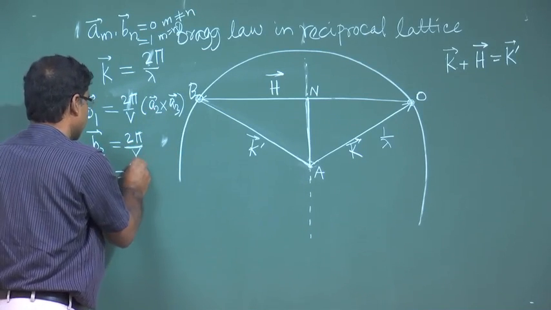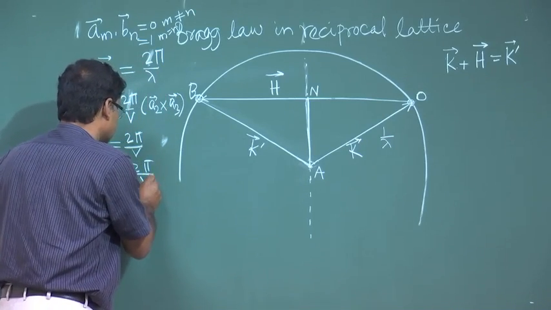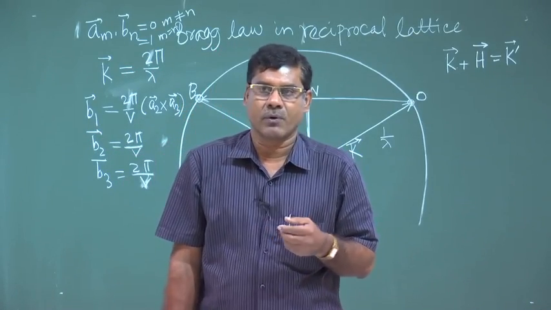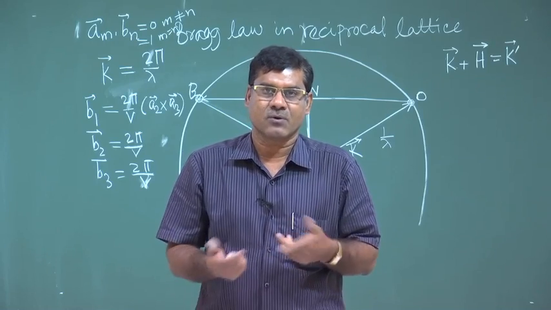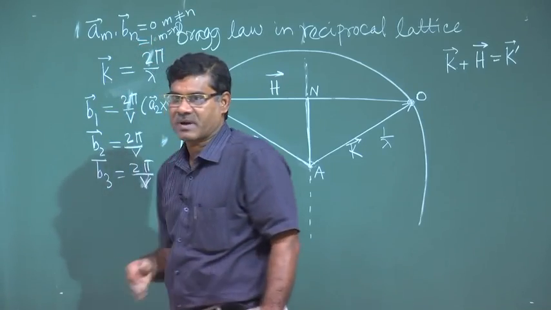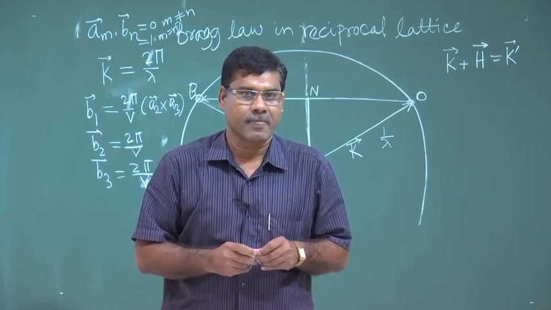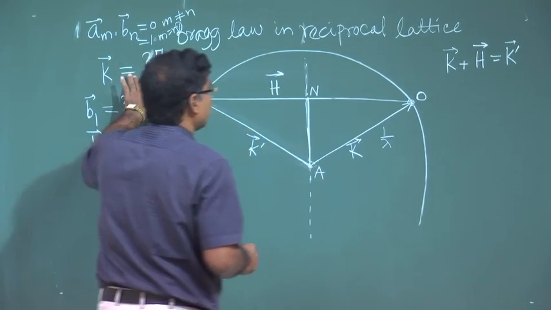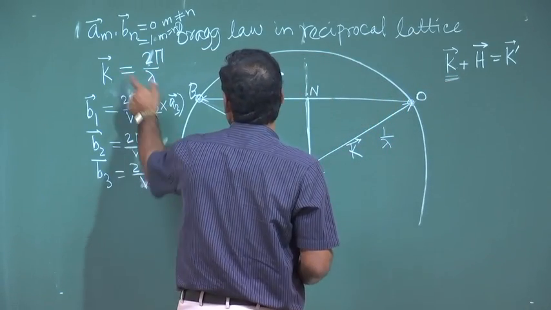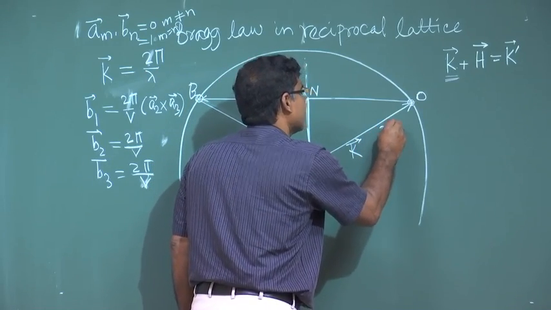Generally people use 2 pi whenever necessary, otherwise just 1 by lambda, or in this case one can proceed, but wherever necessary to include 2 pi, one can include 2 pi. So, this k is basically the wave vector, and it is defined by this.